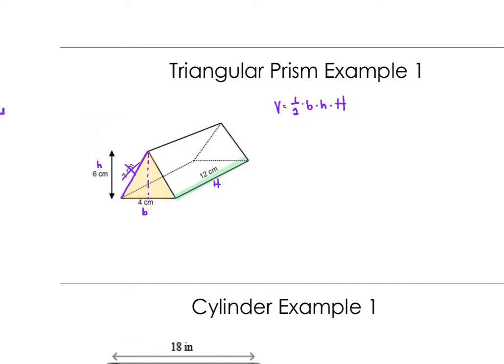Okay, so just plugging in what we know now. It's 1/2. 4 is my little base, so times 4. My height is 6. And then my height of my prism is 12. So 1/2 times 4 times 6 times 12. So you can use 0.5 instead of 1/2. You should get 144 centimeters cubed.